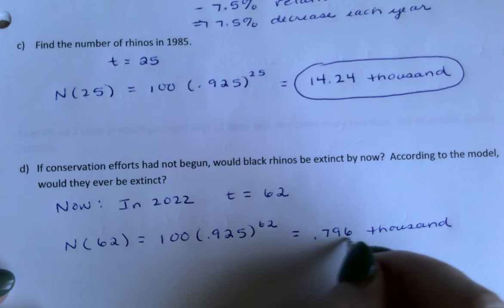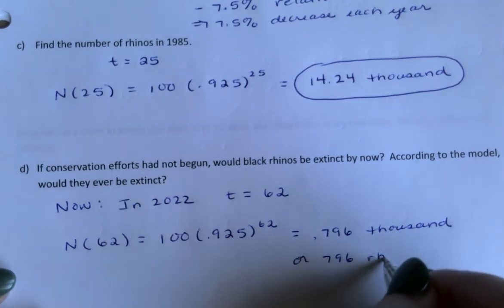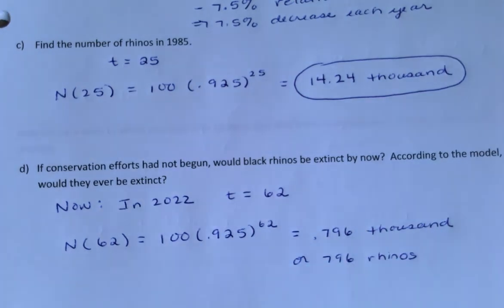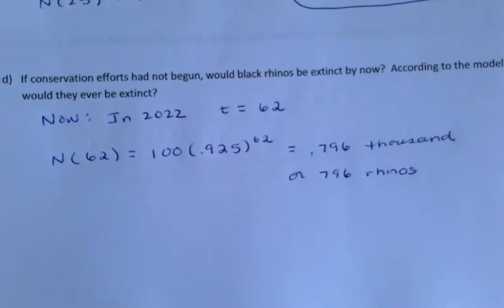Or if I move my decimal 3 places for the thousand, it would be 796 rhinos. So at least according to our model, they wouldn't be extinct. We'd be down to a very small number, but not quite extinction, right?